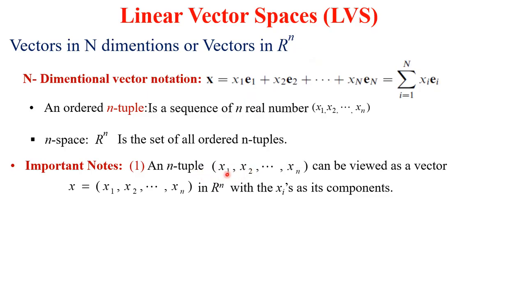For example, if this is an n-tuple with n components, this is the vector in the n-tuple notation. So when you connect this n-tuple with the origin, and remember the origin in n dimensions will have all components equal to 0, and that's called the origin of the n-dimensional space.